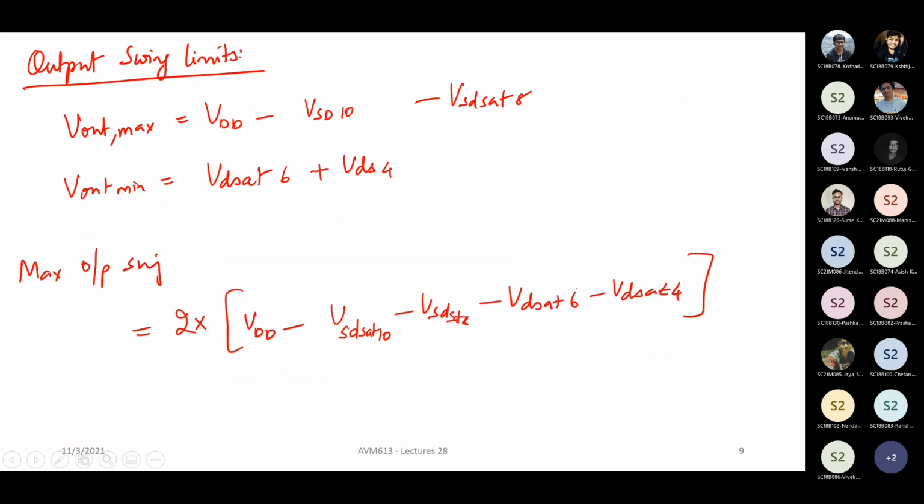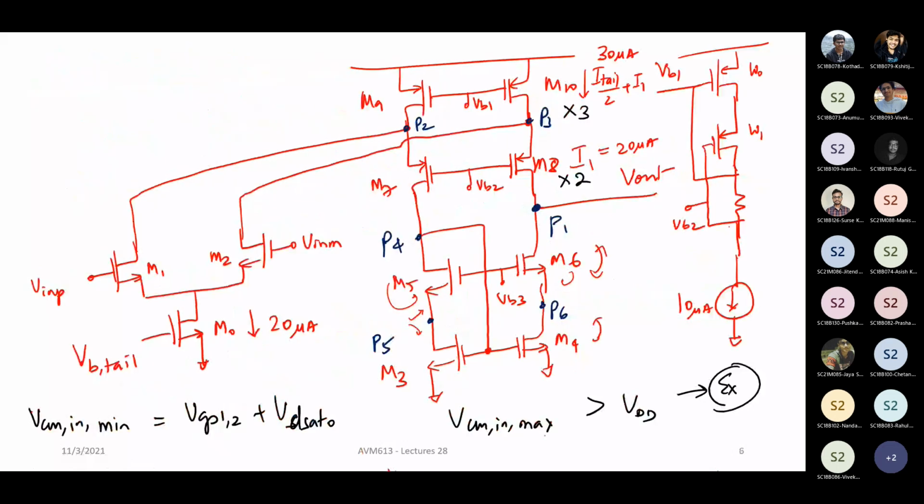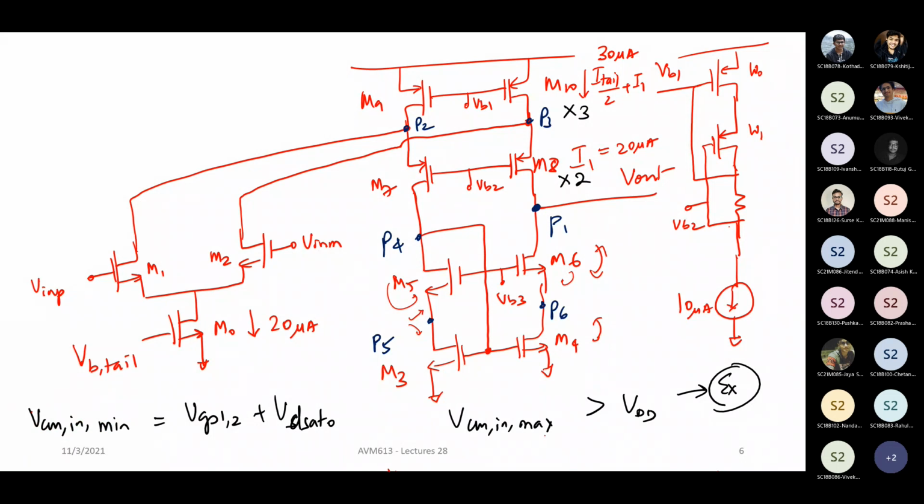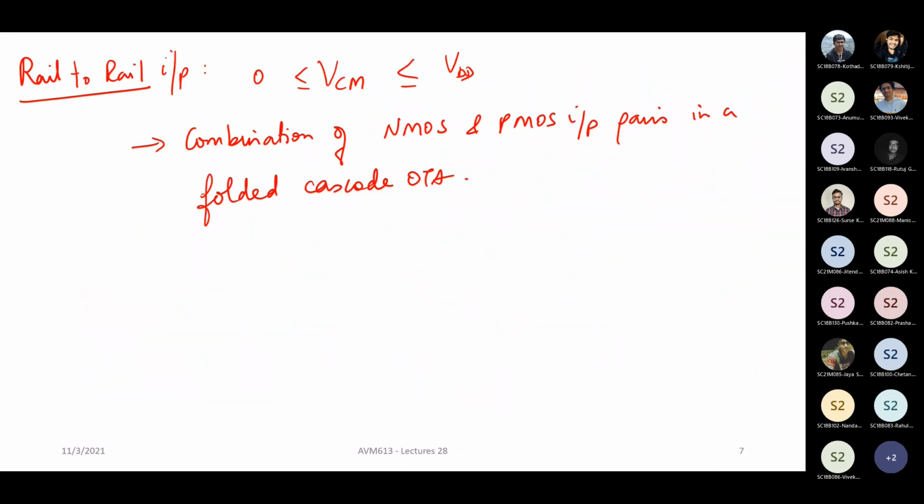In fact, you will see that there are 2 paths, like how we saw in the 5 transistors OTA case also. So one path is basically that you have pole 3 and pole 1, right? Say you have a CL here. Pole 3, pole 1 is one fast path. So pole 2, pole 4, pole 5, pole 6, pole 1 is the slow path. Okay.